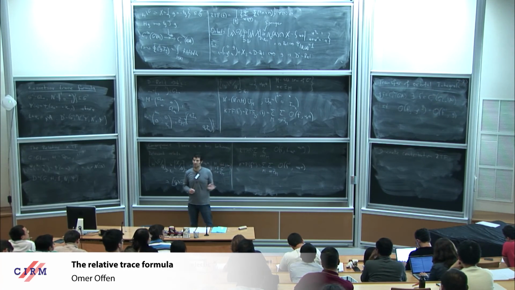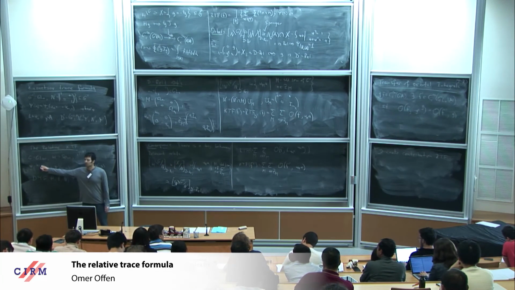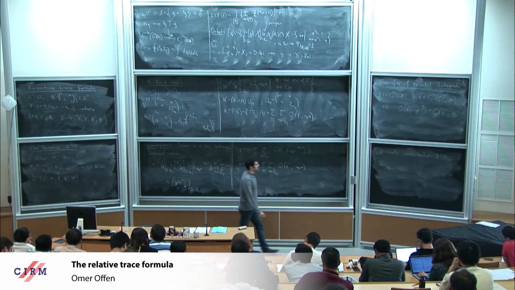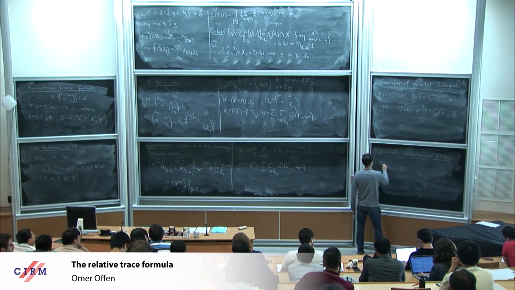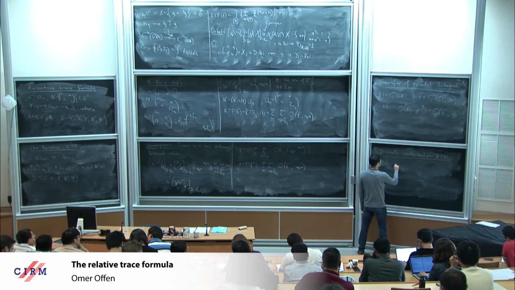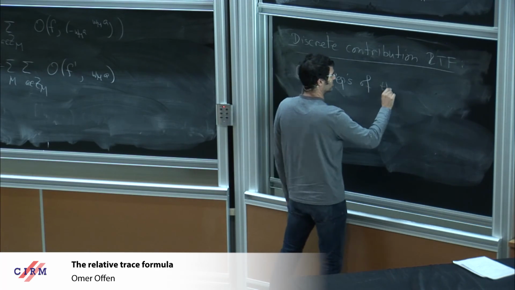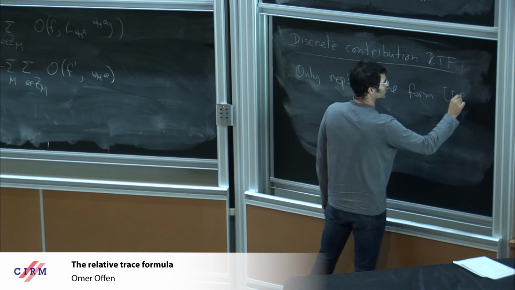One is because no cusp forms are SP distinguished, and the other reason is that no cusp forms have constant terms that are not vanishing. So in fact, the only contribution is from representations of the form U rho 2.